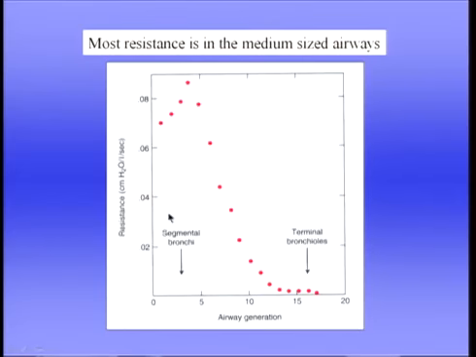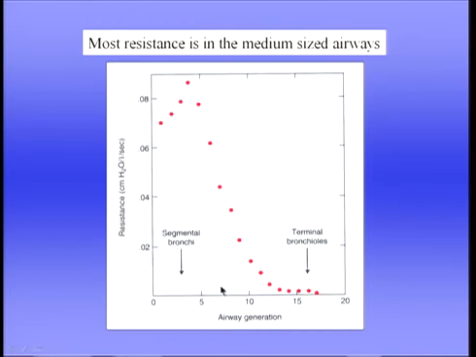That means that although each airway has a high resistance because of its small radius, the fact that you're sharing the resistance over this very large number of airways means that the resistance of the very small airways is actually quite small. And this plot shows the resistance of each generation as we go from the trachea up here right down to the terminal bronchioles down here.